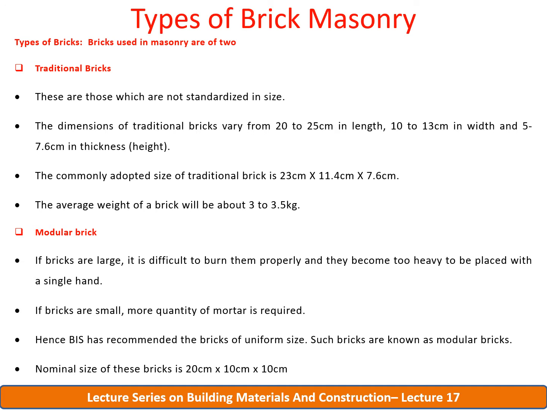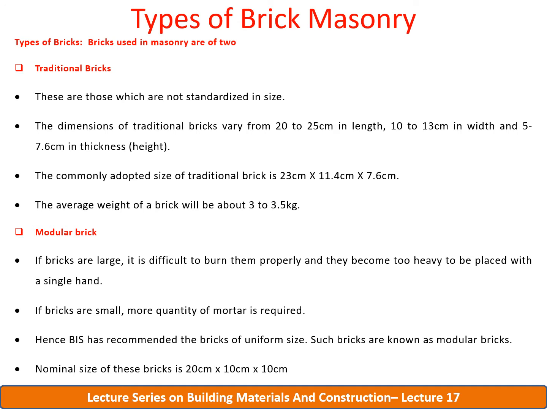The mortar used for brick masonry should have the same characteristics as that of the bricks. The mortar acts as a cementing material and binds the individual brick units together to act as a homogeneous mass.